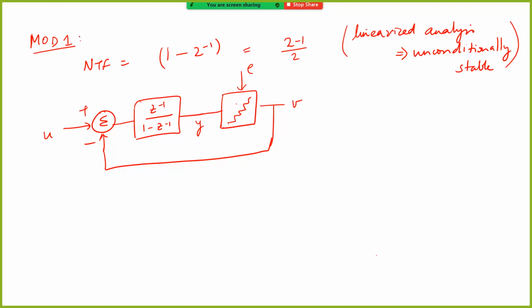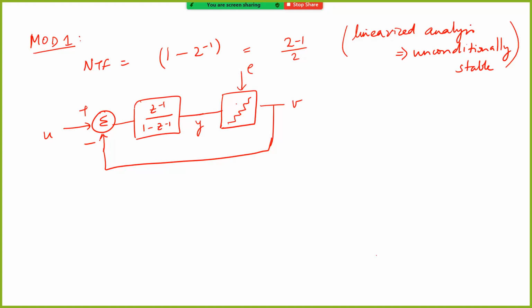Whatever you would have studied as Laplace transforms, Z transforms, and so on, all of them are valid only for linear systems and time invariant systems, correct? LTI systems. But strictly speaking, this is not an LTI system, okay? Because the quantizer is a highly nonlinear system. The quantizer is a nonlinear block, right?